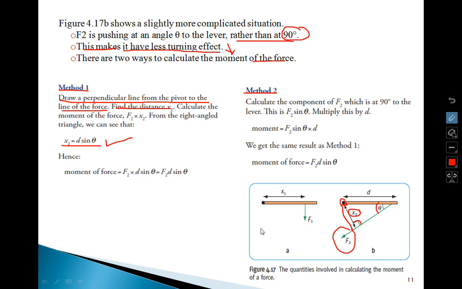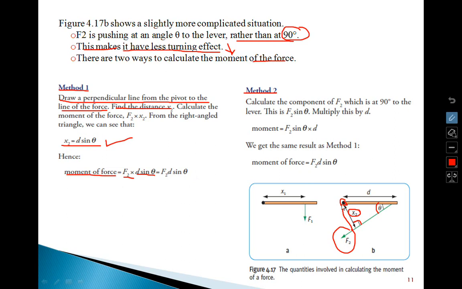Then we calculate the moment. The moment is F2 times x2, and x2 is d sine theta. So the moment of the force is equal to F2 d sine theta.